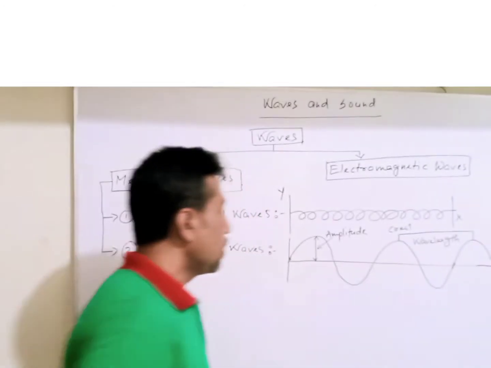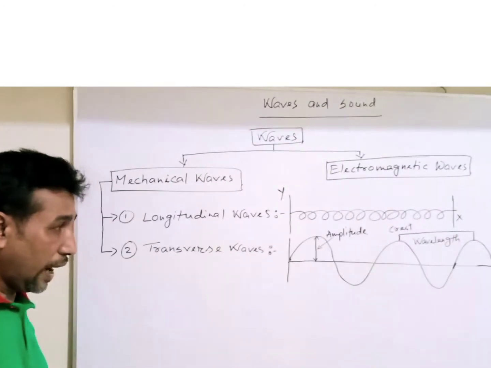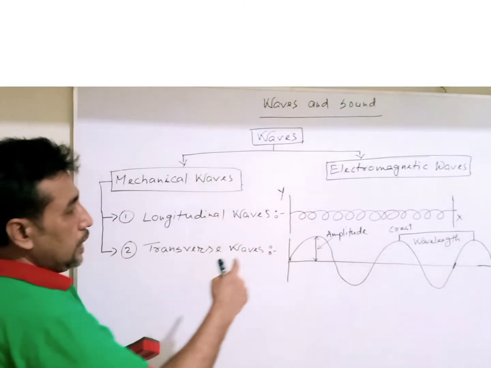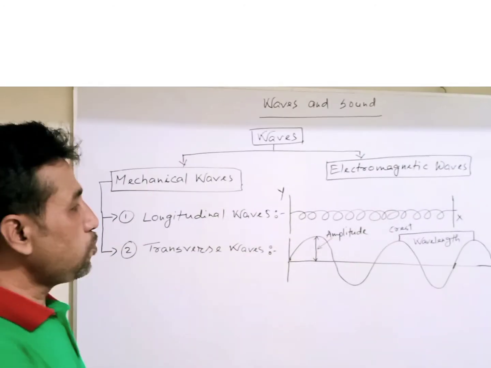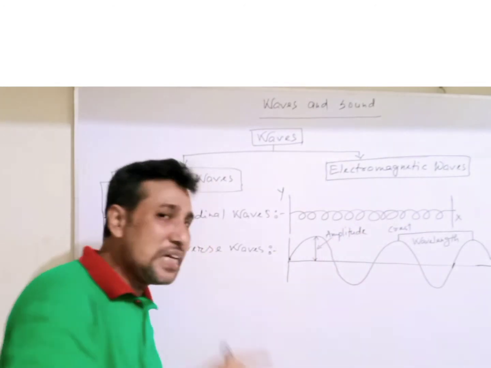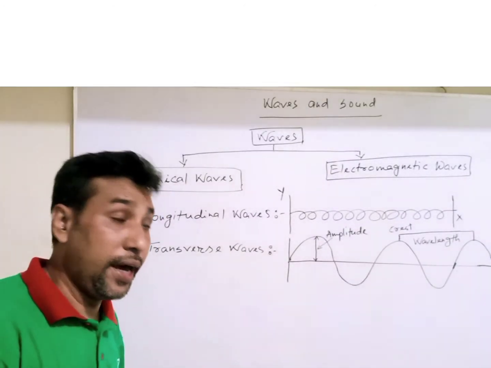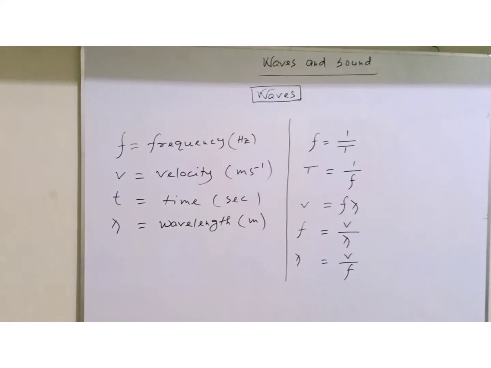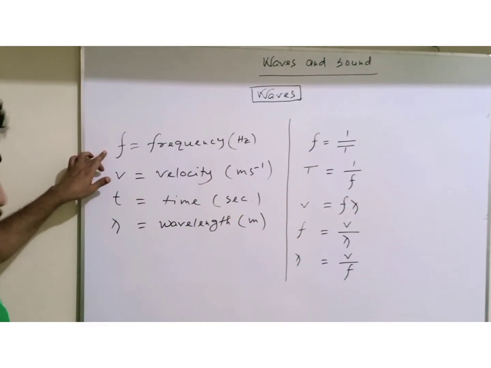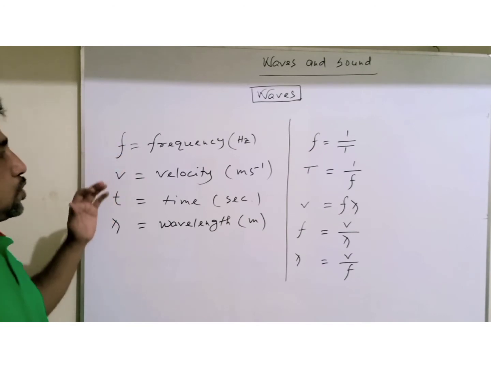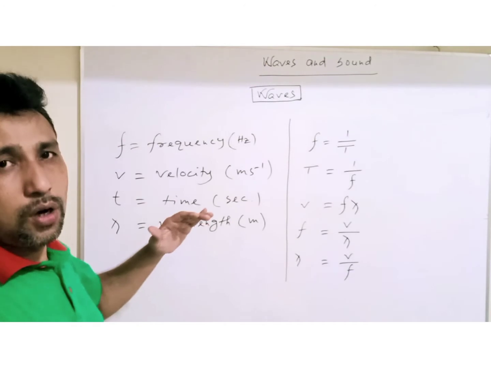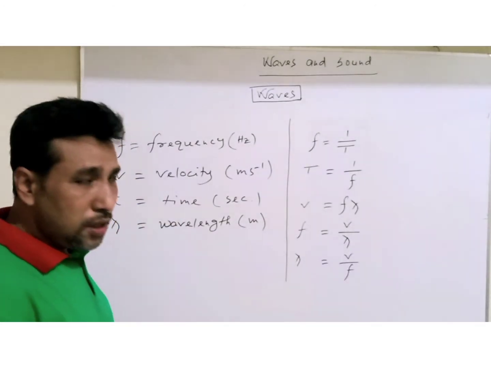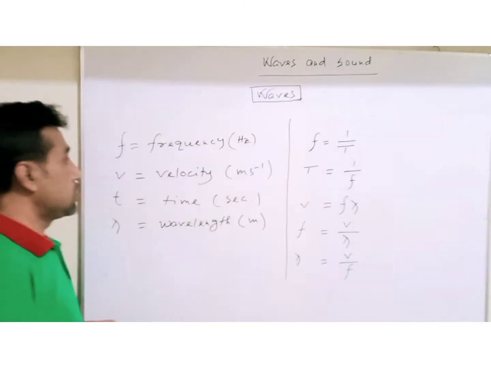The total number of completed vibrations or oscillations in a second is called the frequency.